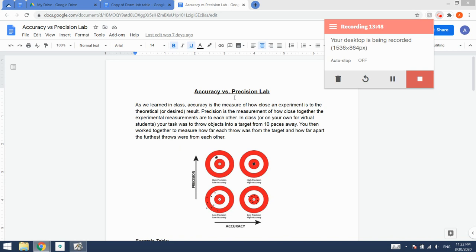Not going somewhere, but in class, what we did was we had our Friday fun day, and if you took a look in the lion's tail from this past Friday, we were able to take some golf balls and throw them into buckets, and then from there measure our precision and accuracy using a tape measure.